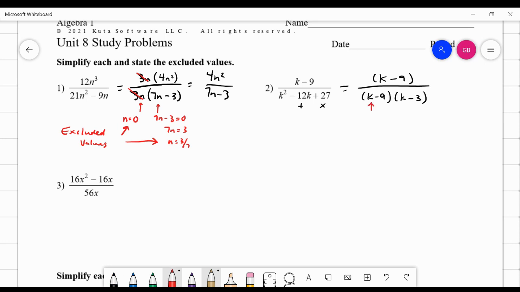Okay. So the values that make these 0 are going to be 9 and 3. So those are the excluded values. And then to simplify, cross out k minus 9 top and bottom to get 1 over k minus 3.